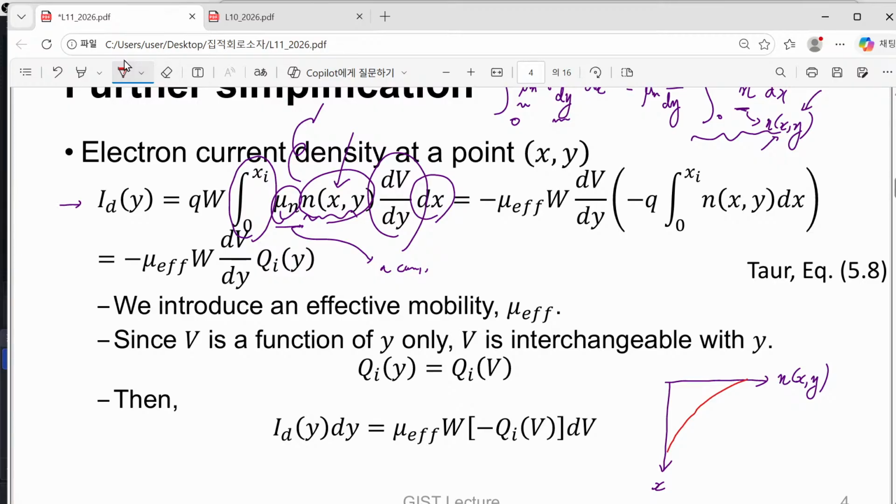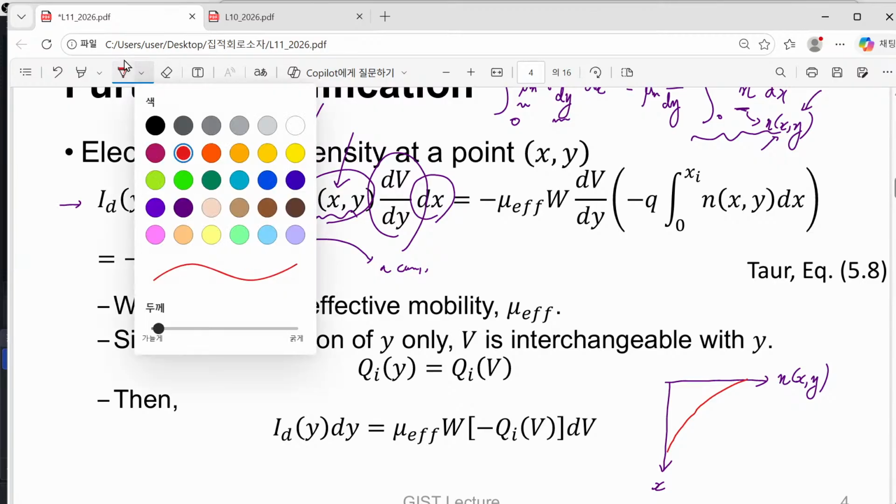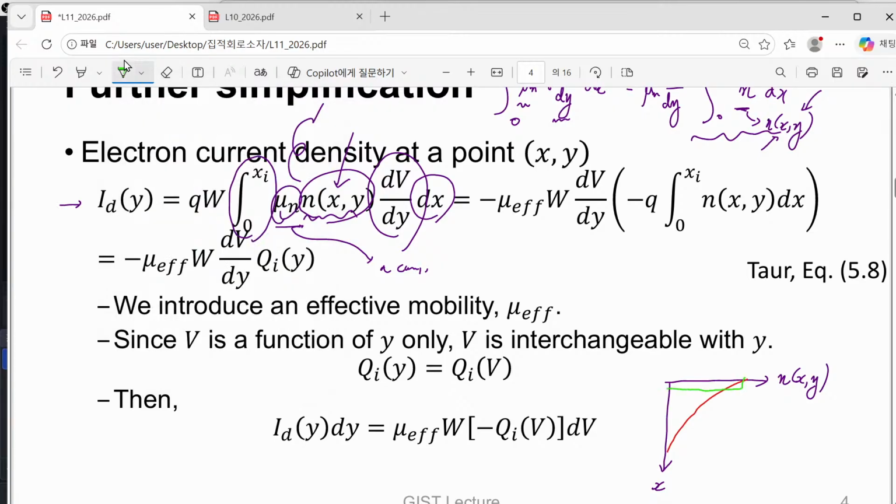What we are doing right now is a simple consideration: how many electrons are there? And this kind of integration eventually gives us the total amount of electrons inside this system.